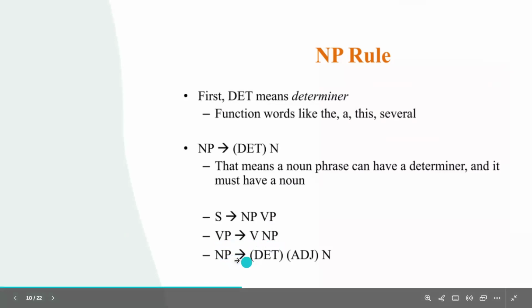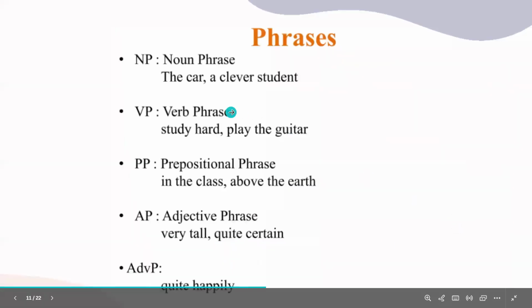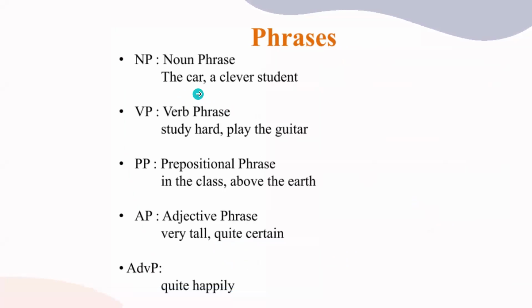Then the noun phrase can have a determiner, as I told you, an adjective, and a noun. I'll give you the example. Like you can see here, the car, simplest. A clever student. A is an article, clever is an adjective and student is a noun. An obedient student, a nice girl, a young boy, a handsome man, right? All of these are noun phrases. So I hope you remember the structure of the noun phrase.